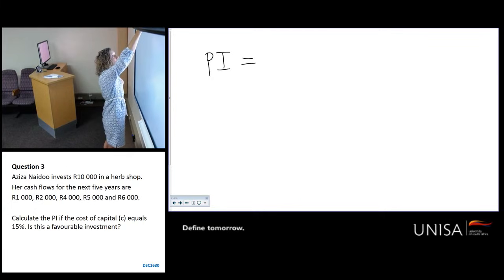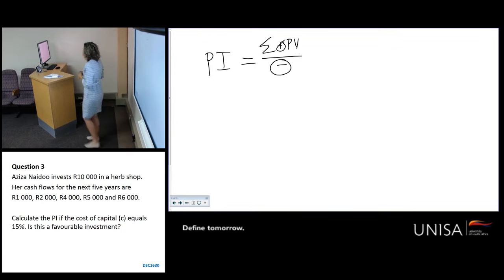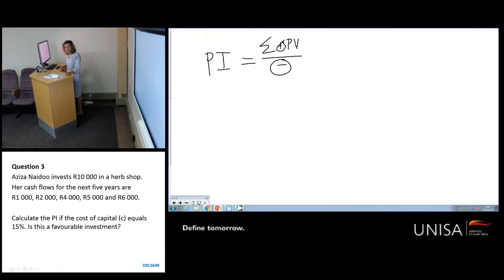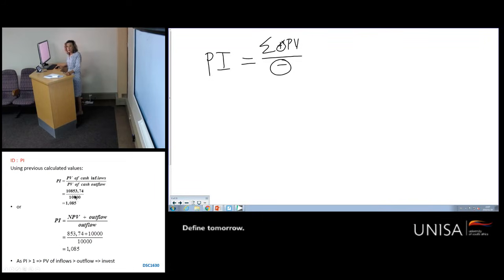Right, so we know it's the sum of all the positives we had, the present value of that, divided by the negative. We've already calculated it in the previous example. It's 10,853 Rand 74 divided by our 10,000, which gives you 1.085.